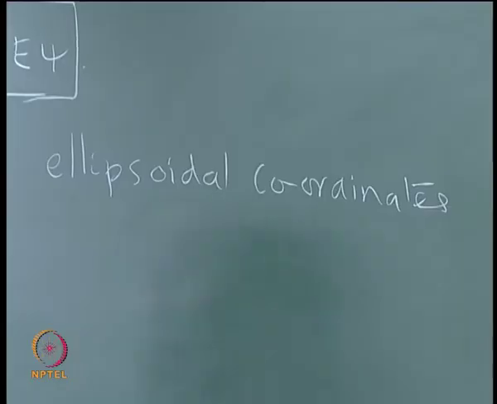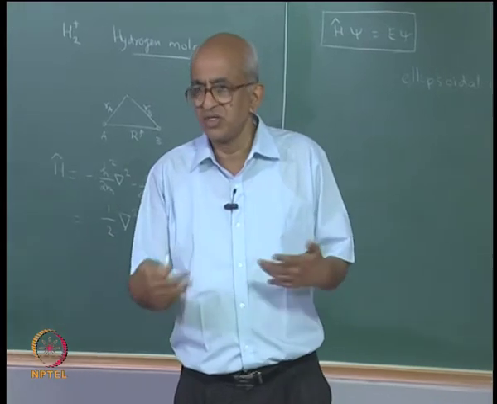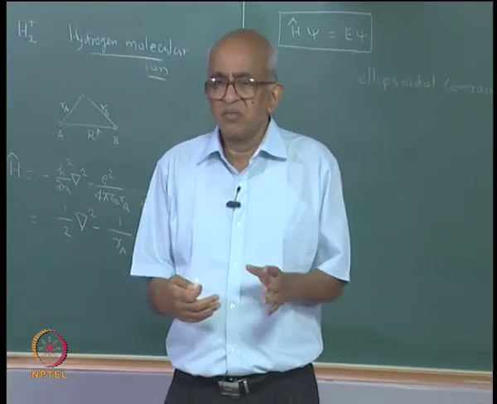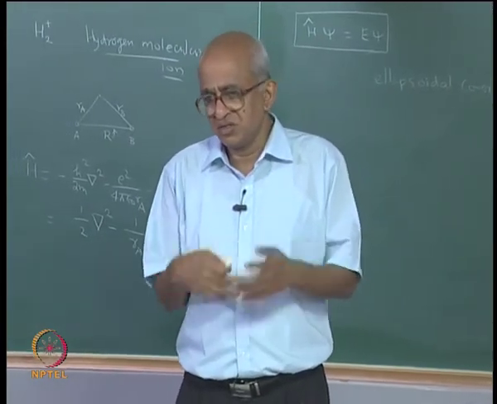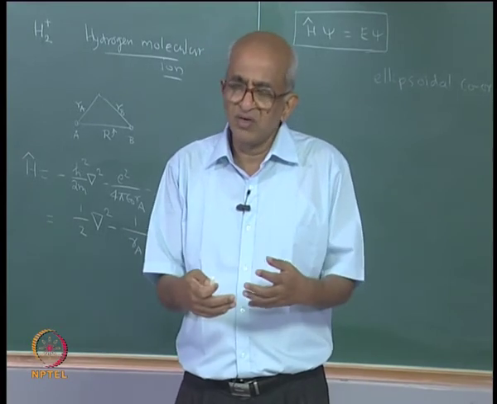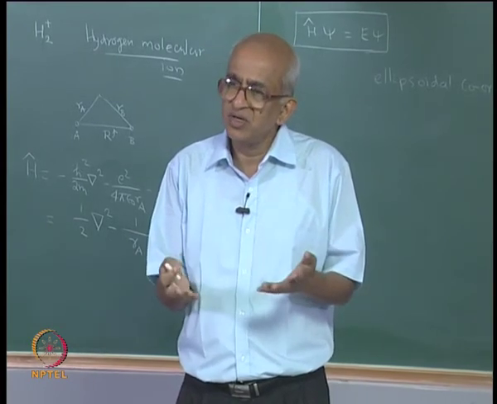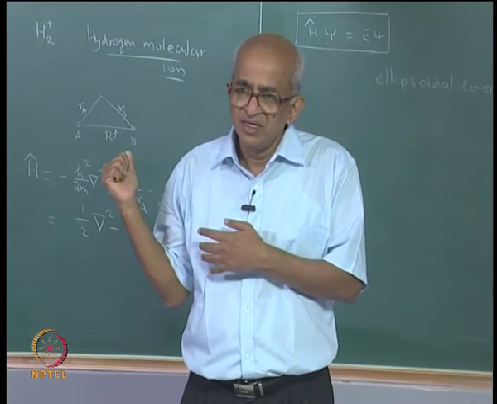Now that solution is nice, and in fact it agrees with the experimental values if you actually solved it. But then the problem is that this change to polar ellipsoidal coordinates cannot be done for any other molecule. It can be done only for H2 plus.